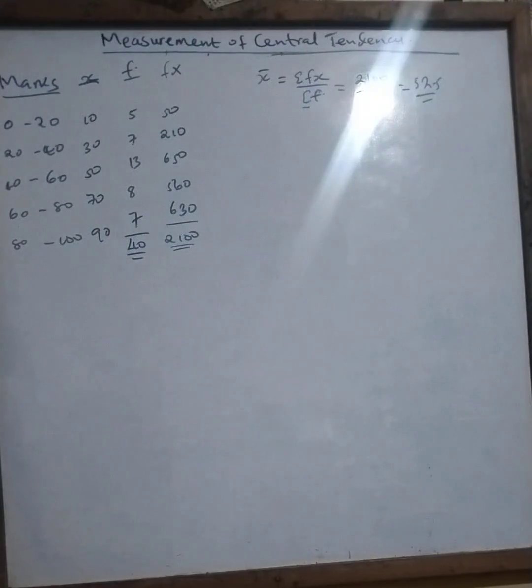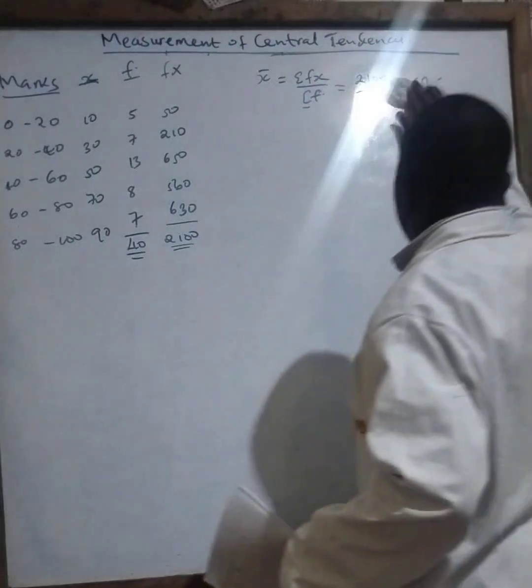Is that okay, class? So we go to what we call a median. And I want us now to be very careful with the meaning of the word median here.